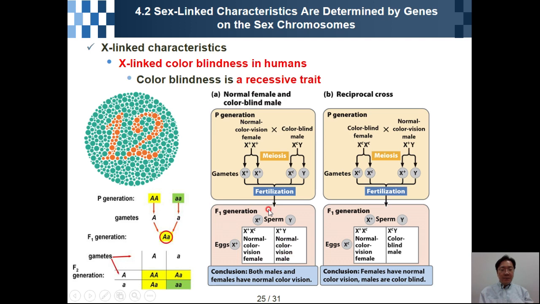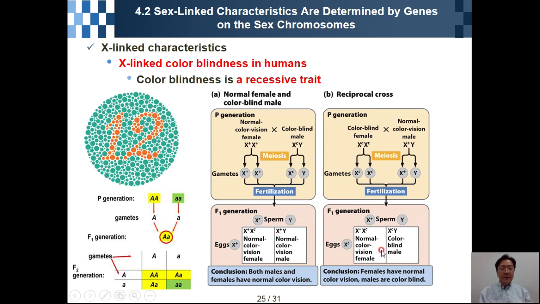Based on this F1 generation, the gene which encodes color blindness could be located in the autosome or the X chromosome.